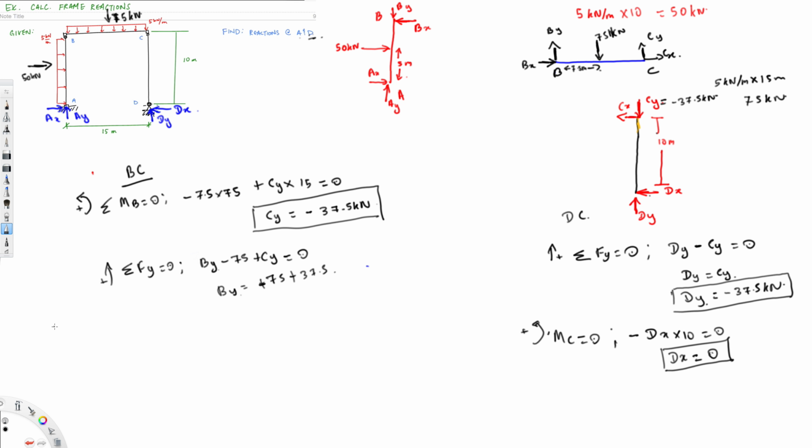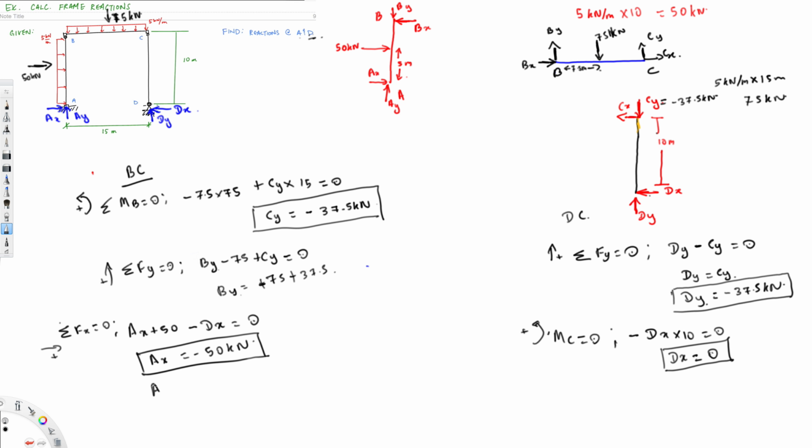To find the x, I can use summation of Fx equal to 0, and if I take this direction positive, Ax is going to be positive plus 50, then Dx is going to be negative, so negative Dx comes out to be 0, and we know Dx is 0 already, so we don't have to worry about that. Then Ax is going to be equal to negative 50 kilonewton. So this is our Ax.